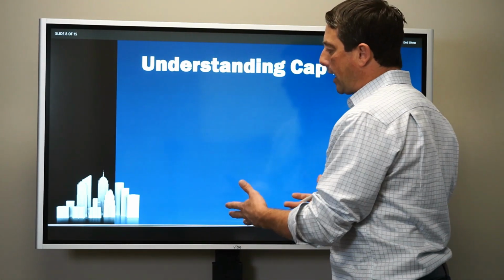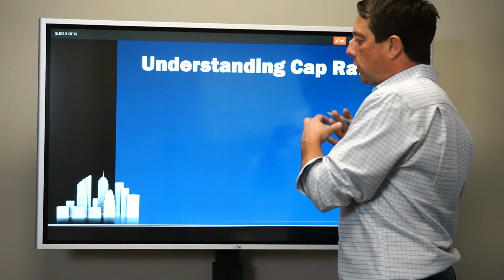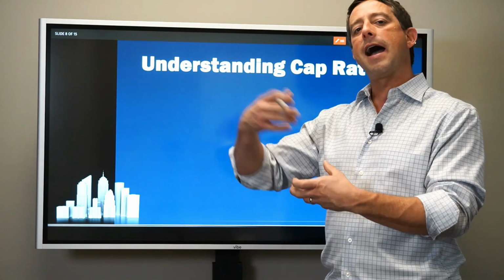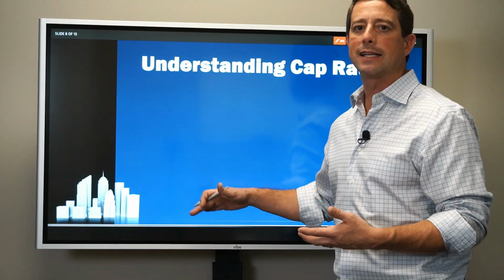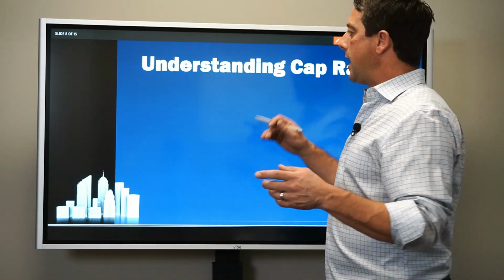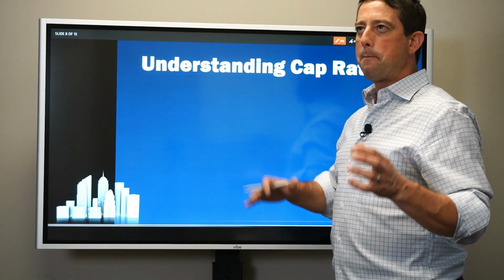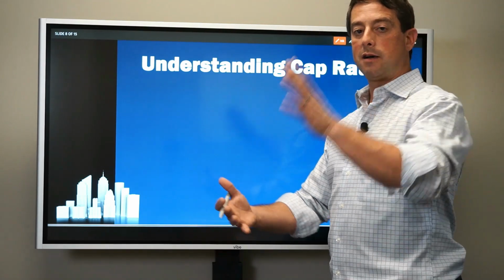So cap rate is showing us, in a functional sense, how much other people in the market value a stream of cash flow produced by that asset class. So if I'm paying a lower cap rate, then I am paying more for that property than someone else.